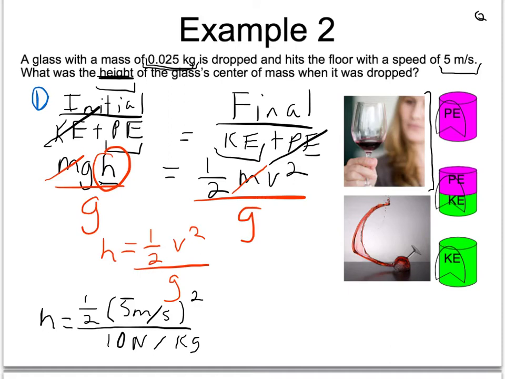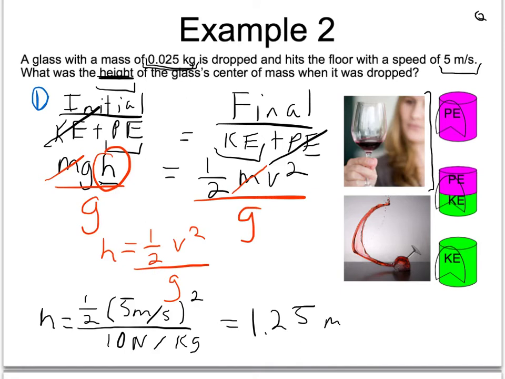At this point, it would probably have been easier to see the answer if I went ahead and put that 2 on the bottom, because then the bottom would just be 20, and 5 squared is 25. So I have 25 over 20. And if I divide 25 by 20, I get 1.25 meters.